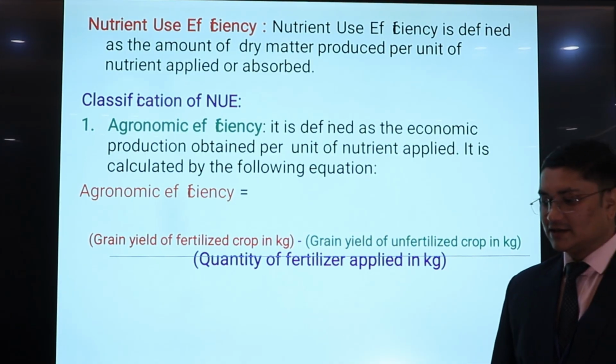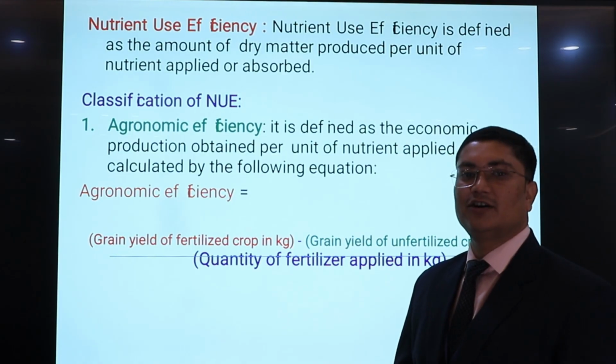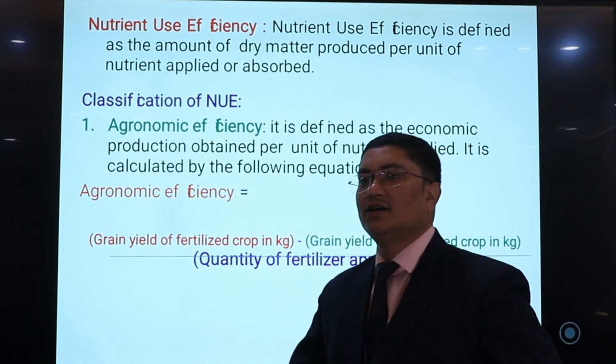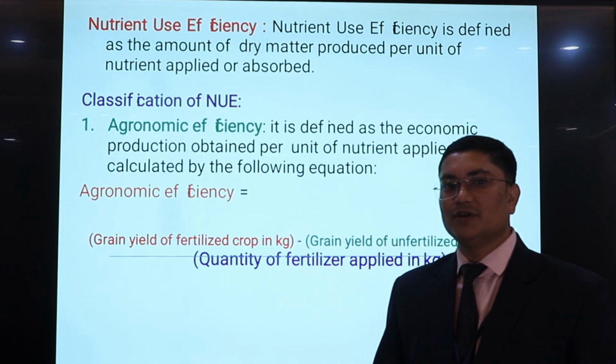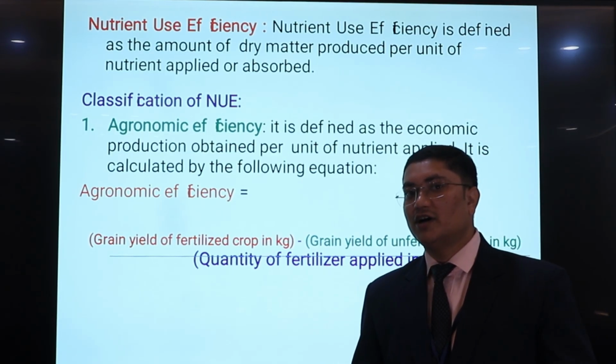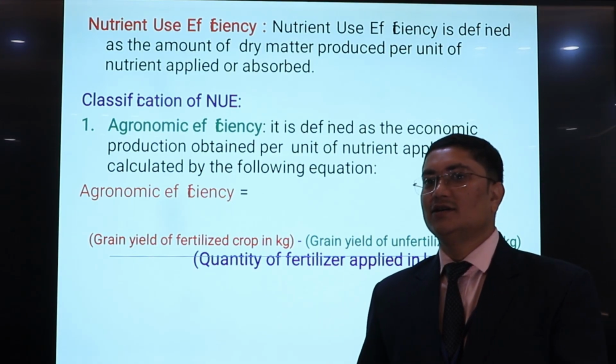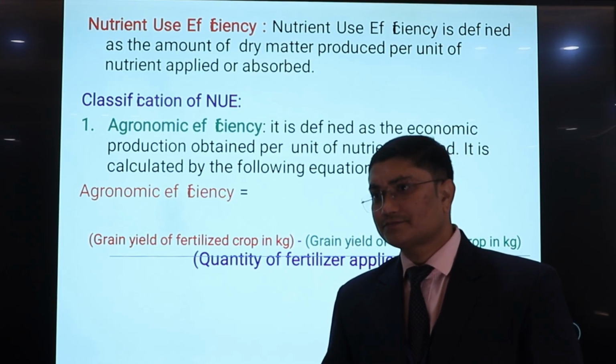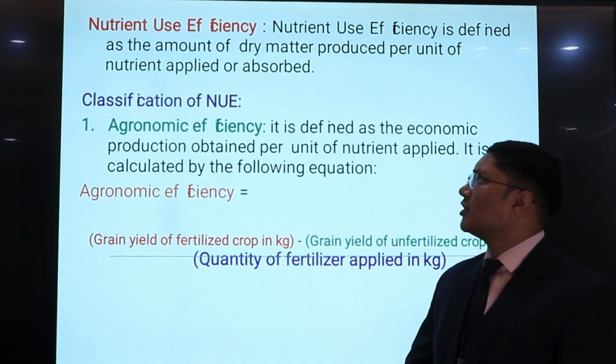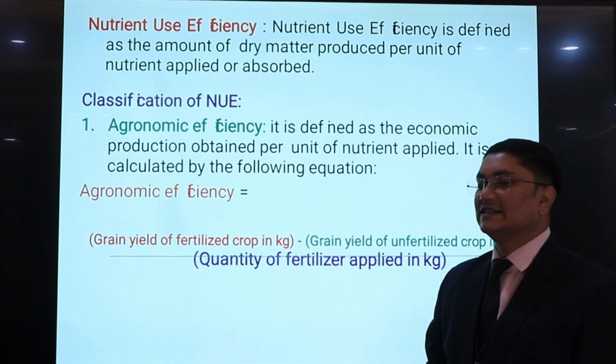Now the second thing: the utilization or absorption of nutrients by the plants. How can we know how many fertilizers are required by the plants, and how much quantity we have to supply to the plants or into the soil? One broad term for this is nutrient use efficiency.